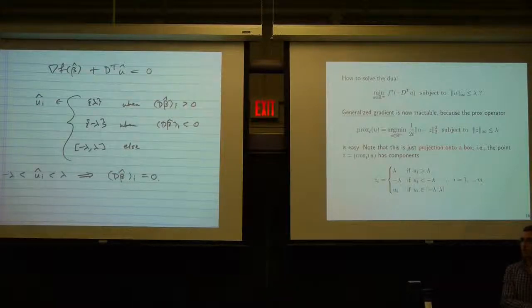Otherwise, I leave it where it is. It's a very easy operation to do. So generalized gradient descent or proximal gradient descent, or projected gradient descent is really what this is, in the dual is very easy. Because we just make a gradient step, and then we apply this prox, which is just squashing it at minus lambda to lambda, or leaving it alone.